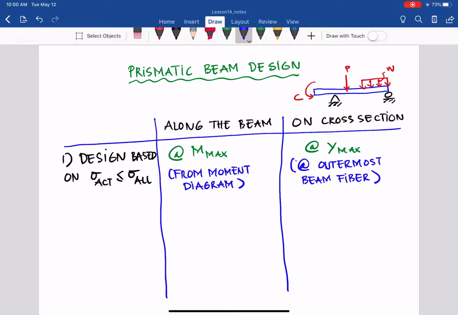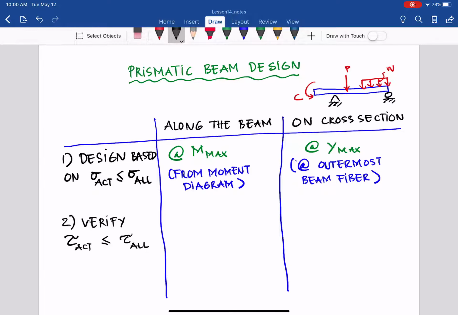And then we can continue to step number two, which is to verify whether the beam can resist the transverse shear stress. After we define the beam, we need to verify that the actual tau is less than or equal to the allowable shear stress.